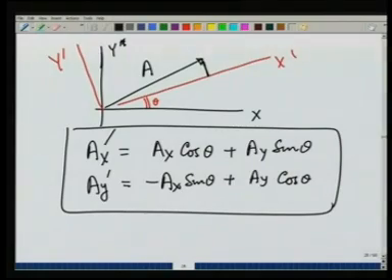This is how the components of a vector transform. On the other hand, the scalar number remains the same number in both the frames.